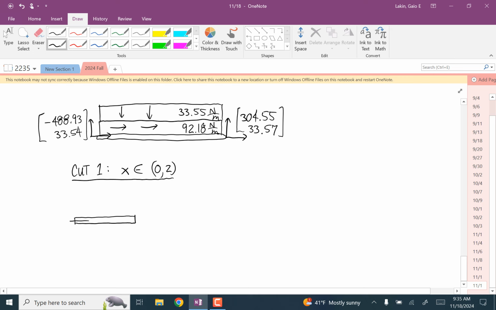And then our internal loads: tension, shear force, bending moment.